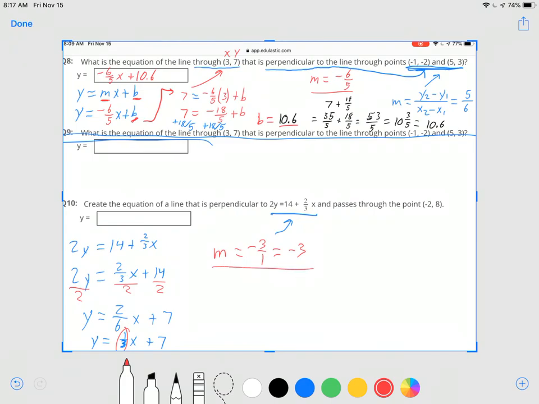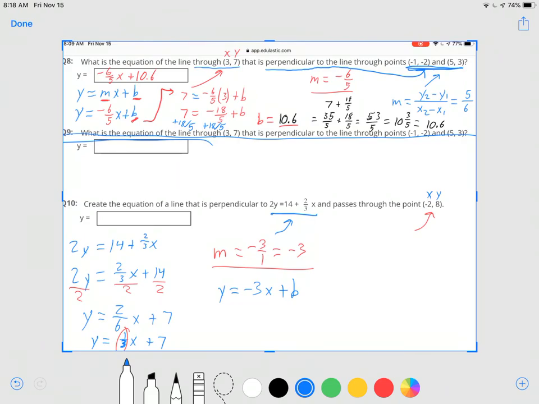Okay, so we have the slope, and we also know one of the points that our line passes through. So let's update our equation. y equals m is -3 x plus b. And we can solve for b just by plugging in the coordinates of this point that we were told lies on our new line.